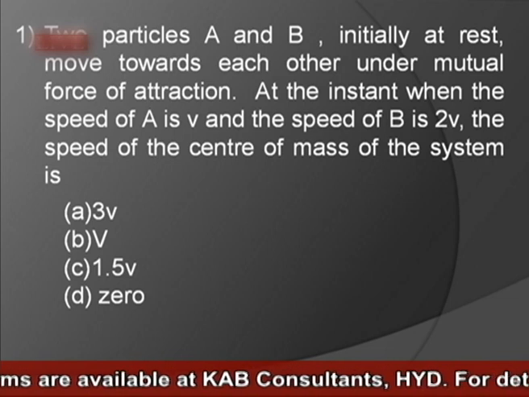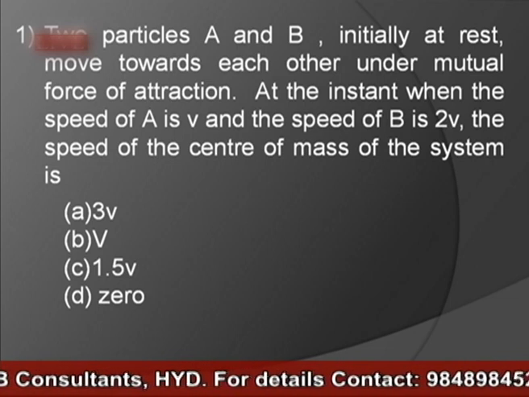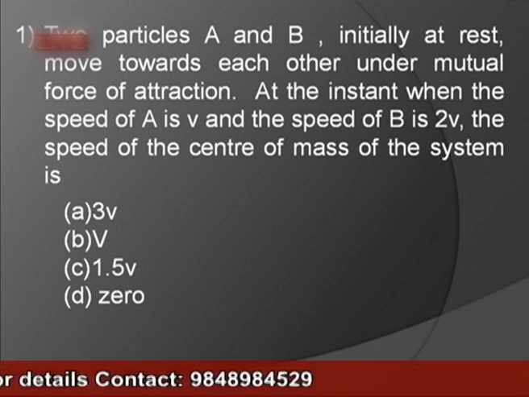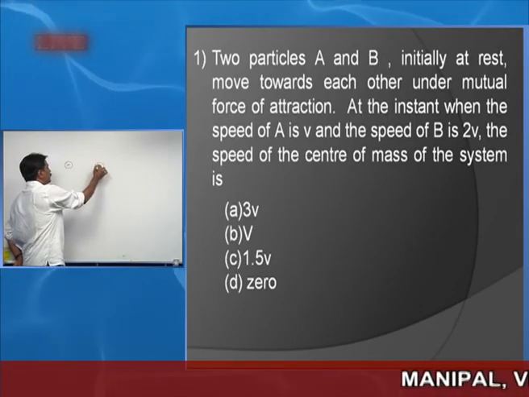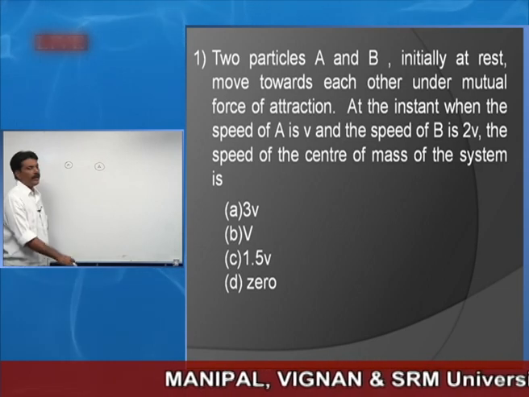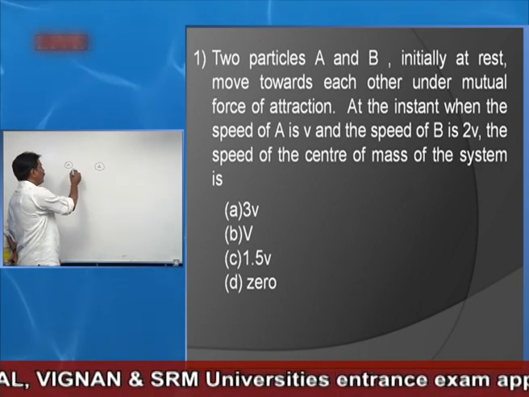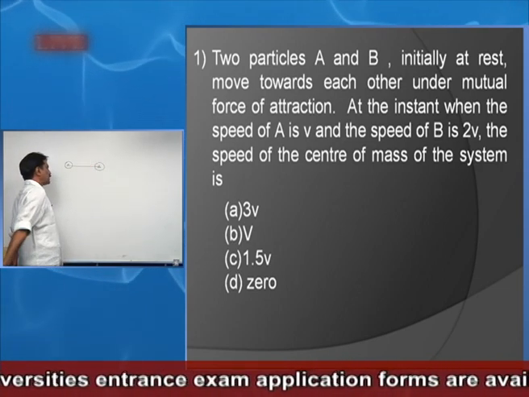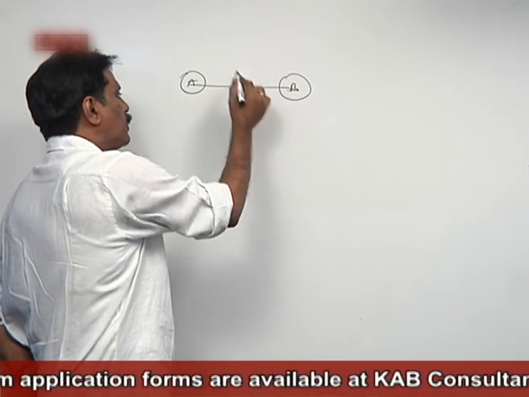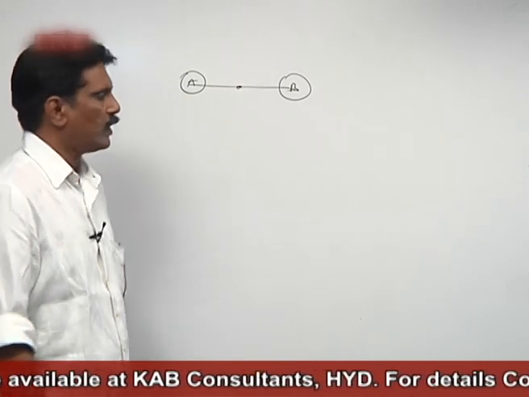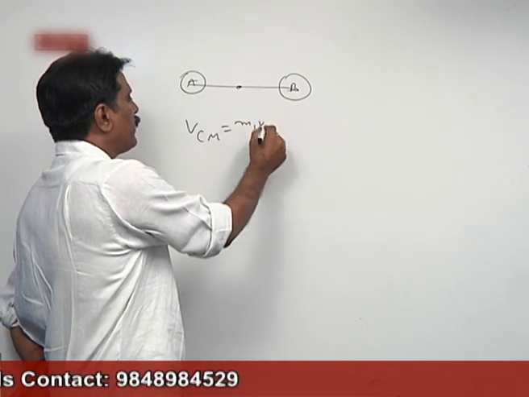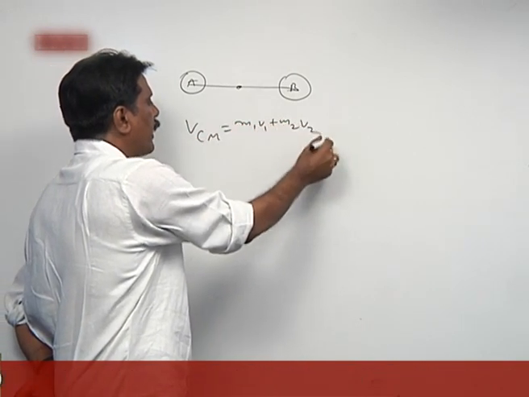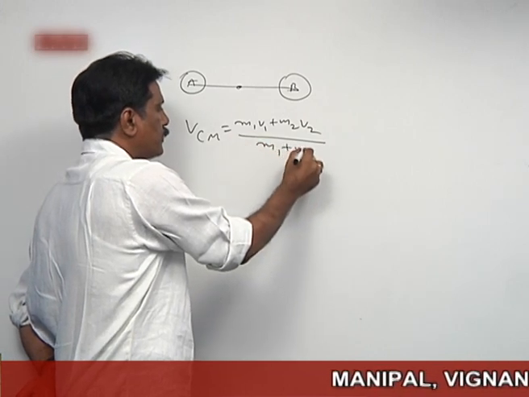So, here what we are given is two particles A and B, which are initially at rest. This is A, this is B, both are initially at rest. When both of them are initially at rest, what will be the position of center of mass? The center of mass velocity is always given by m1 v1 plus m2 v2 by m1 plus m2.